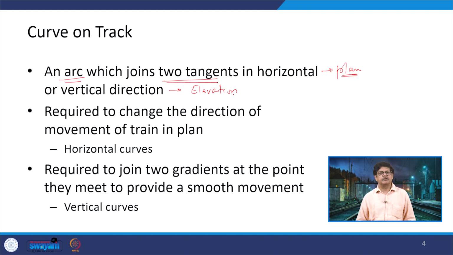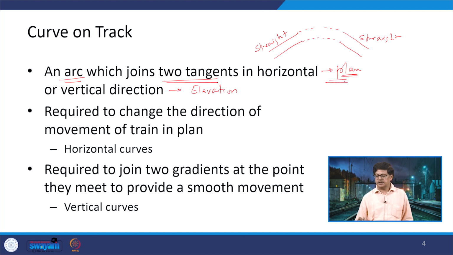When we talk about the plan, it may look like this. There are two straight sections of the track, and then a curve is provided in between so as to connect those two straight sections. So this is in the plan.